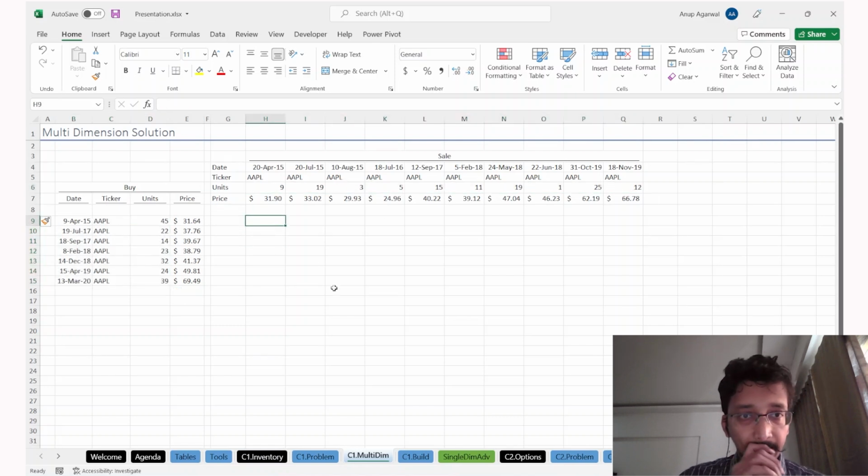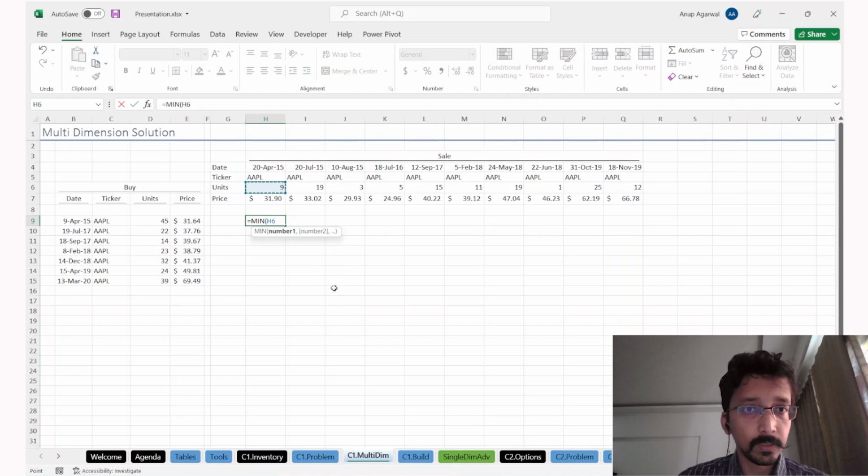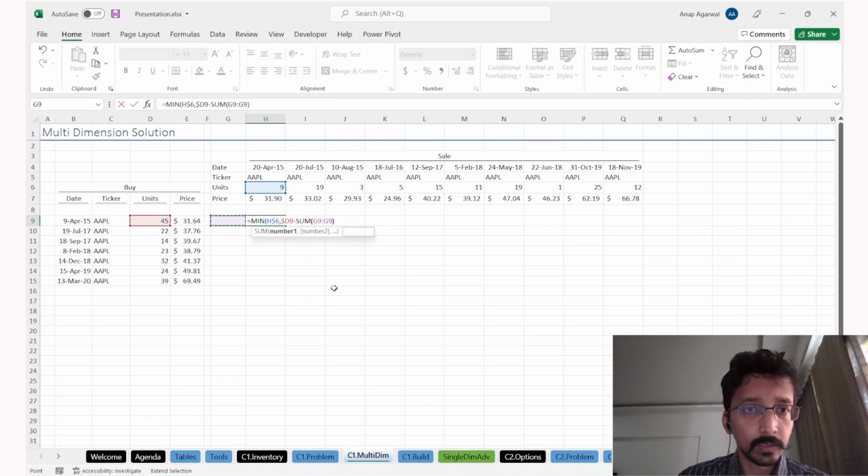So I could write, let's say, smaller of, let's say I start with writing like this and this, but then I can also write that this really represents the stock which has not been sold.